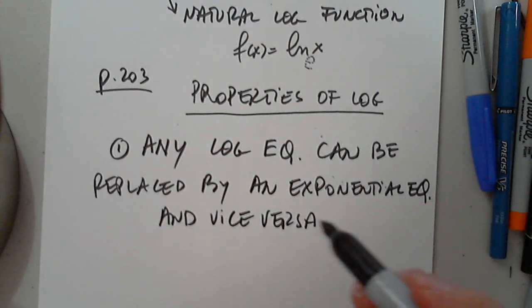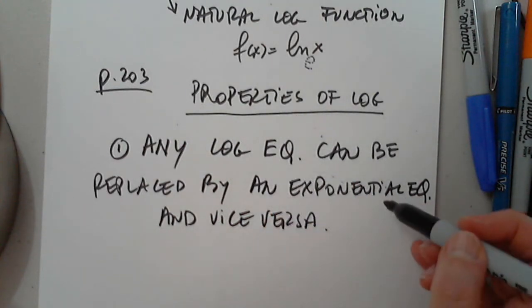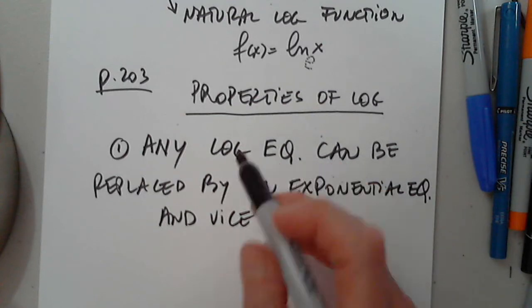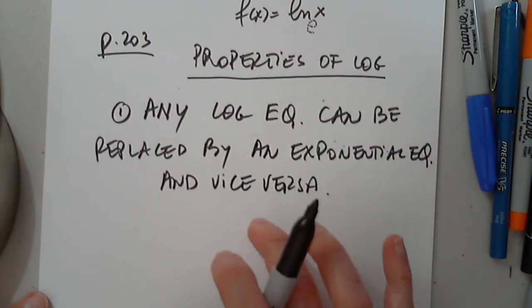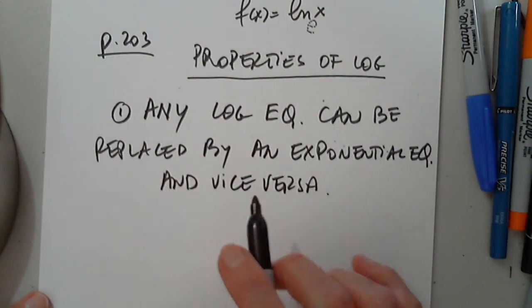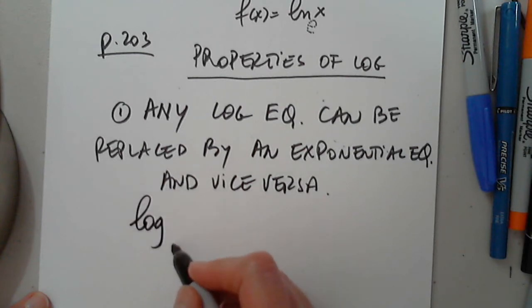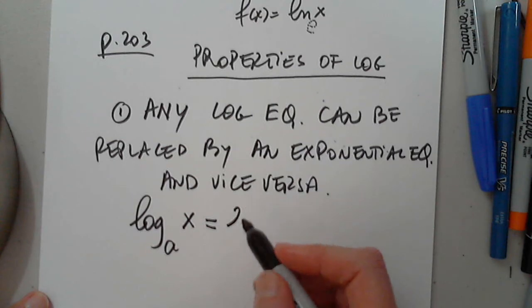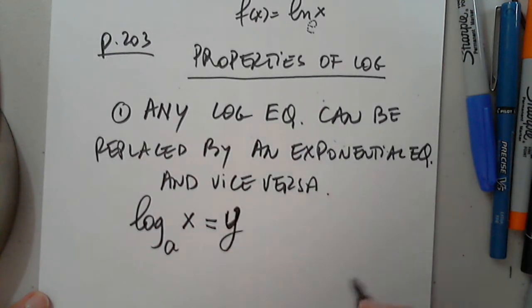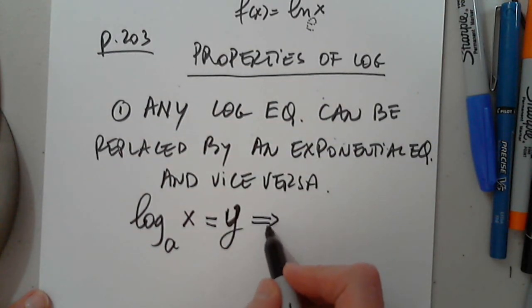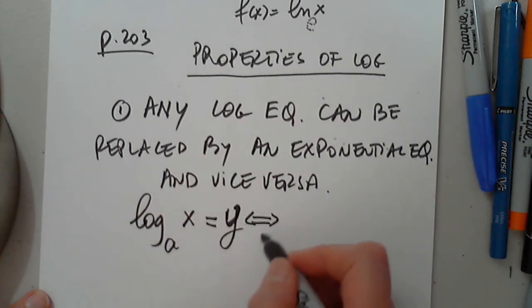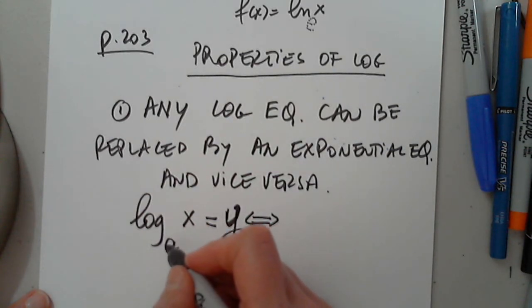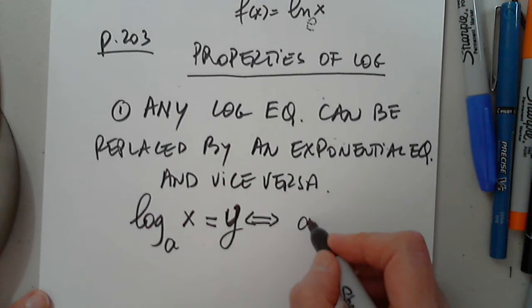Any exponential equation can be changed into a log. Any log into an exponential, any exponential into a log. So how do we write this? Log base a of x equals y. This is equivalent to, going counterclockwise and starting with the base, a to the y equals x.